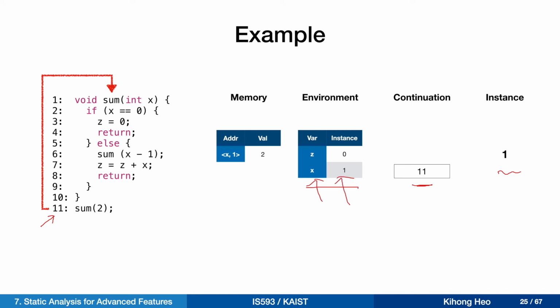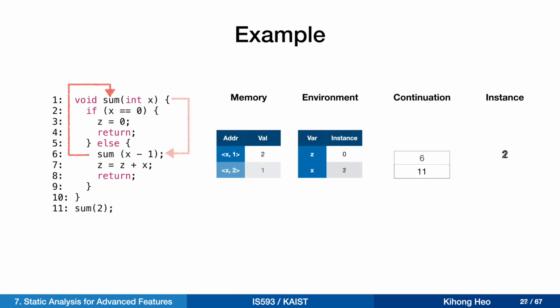Then finally it updates the memory with this entry, the entry of the first instance of x, that represents the new instance of parameter x at this function call. The value is 2. And then the execution gets into the first branch because the value of x is not equal to 0.